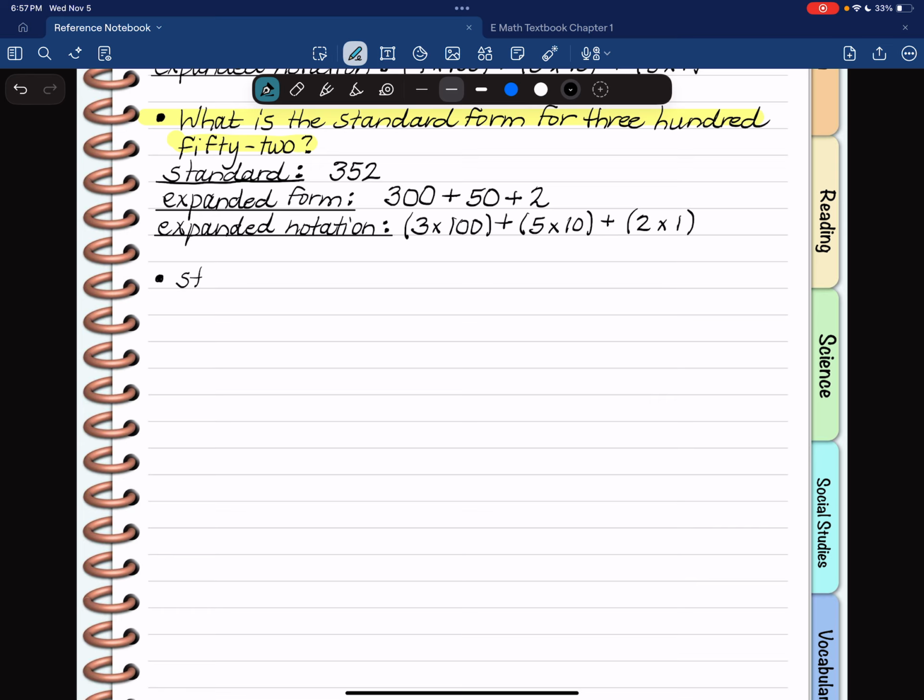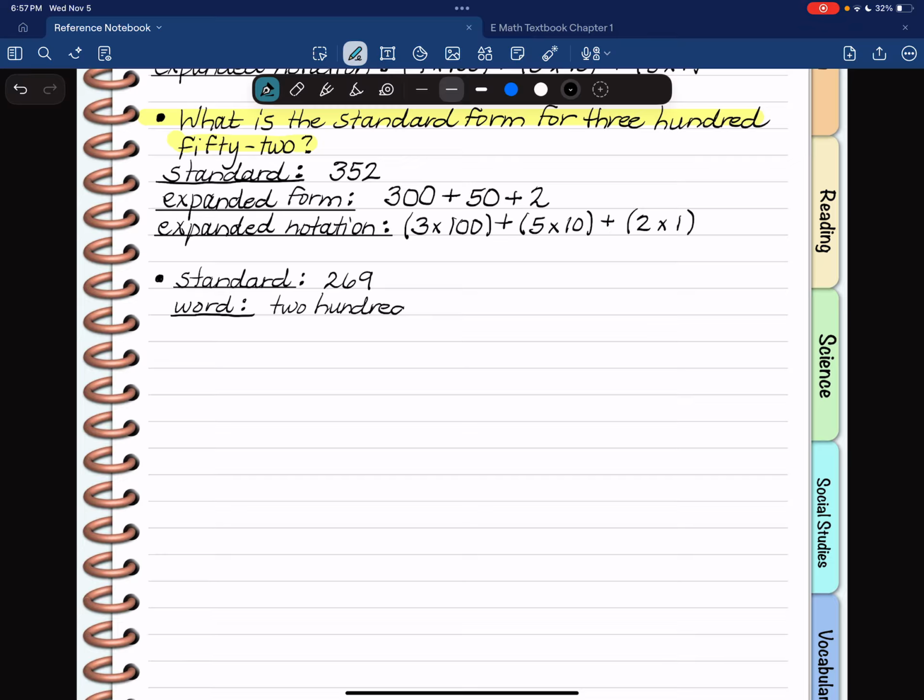So they gave me standard. That's 269. Word. If I say this out loud, I don't usually read it 269. I say 200.